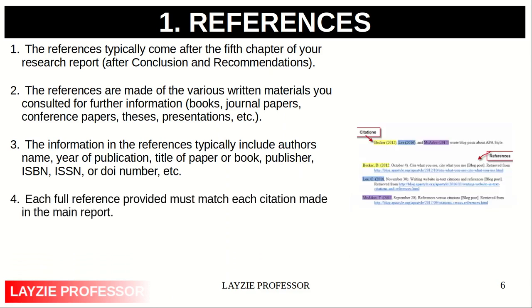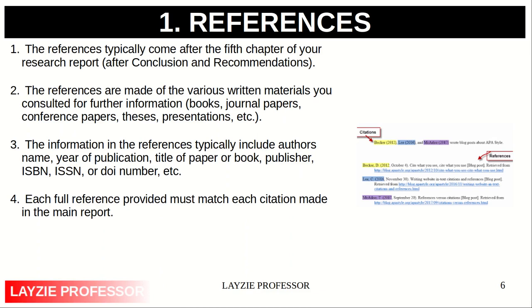Each full reference provided must match each citation made in the main report. The short form of these references are made inside the text of your report, especially when you state certain facts and certain figures. You must reference them, especially if you're taking them from another material.